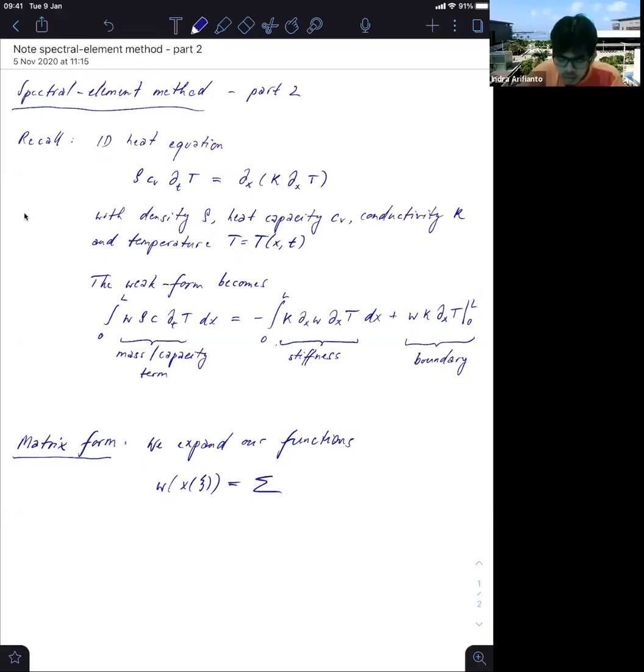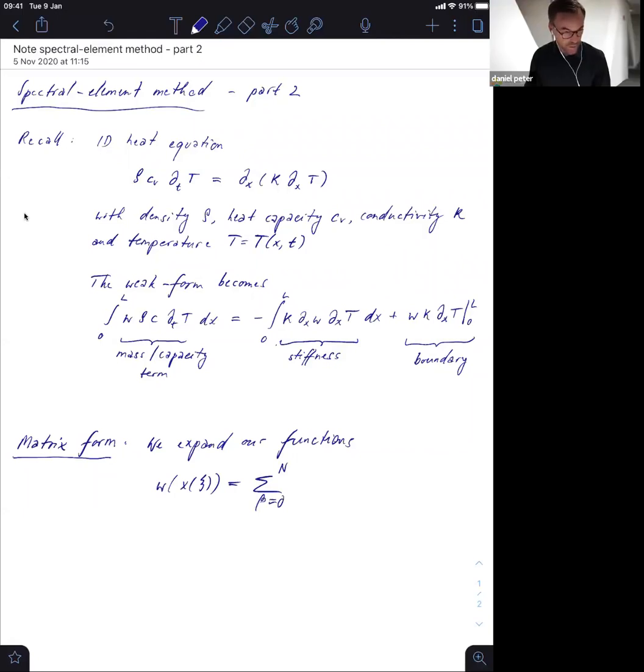Right. So here, let's start with this index beta. It goes from 0 to n, the order of the Lagrange polynomials. And then we have a coefficient W beta times the Lagrange polynomial of order n at position xi.